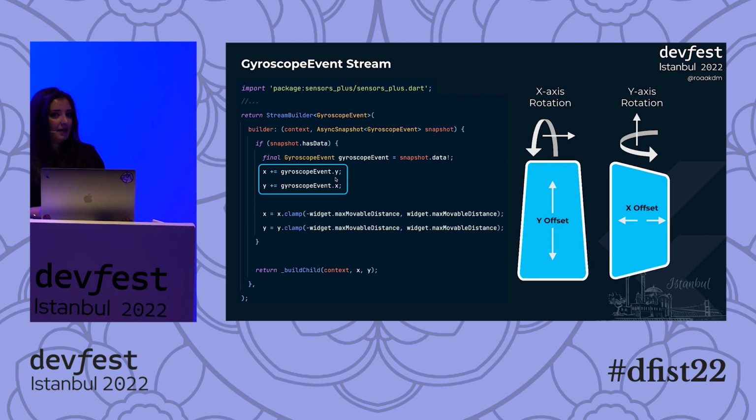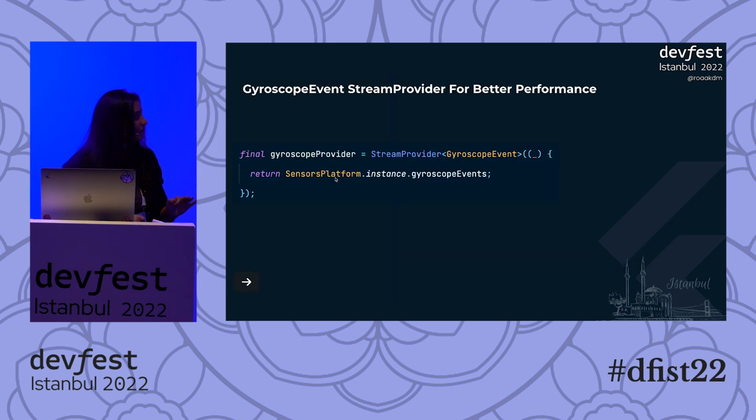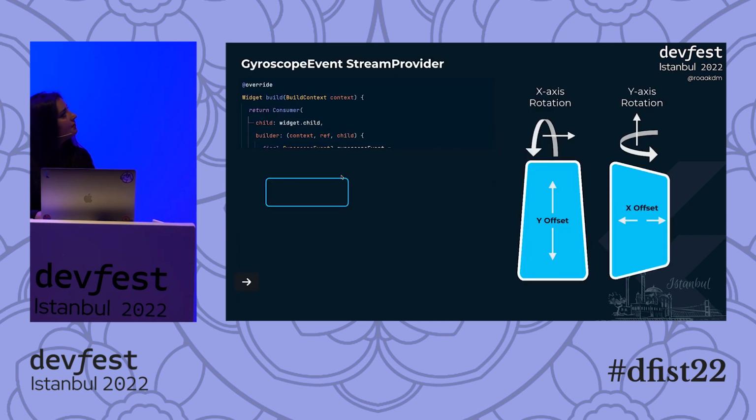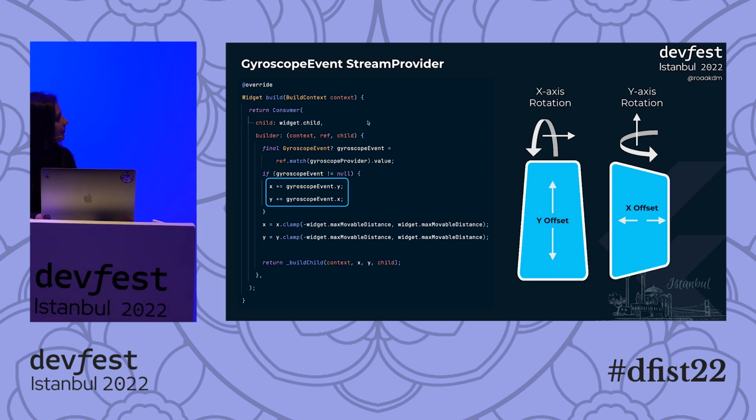However, again, for performance optimization, I usually prefer to use a stream provider using Riverpod. You can choose whatever state management package you prefer. But this way, I can make sure that the stream is being listened to only once, regardless whether I use the gyroscope effect widget in multiple places. So this is how I can use it with a consumer from Riverpod.